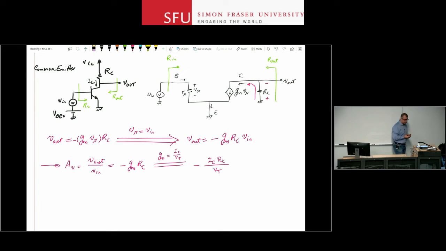Now, what about the input resistance? Well, we said that the procedure to calculate the input resistance is that you go and remove all the independent sources in your circuit, attach your test source to the input of the circuit where you want to measure the input resistance, and you measure the current that goes into the circuit. So if I want to do that here, I go and redraw the circuit.